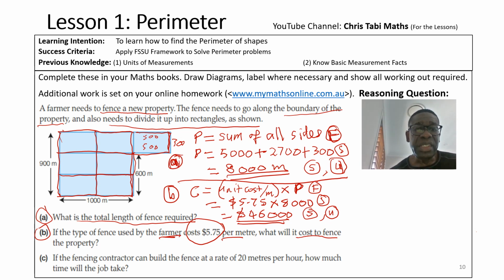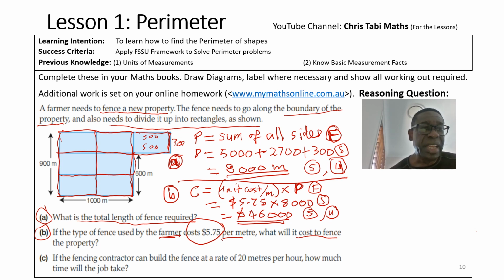And for question C, if the fencing contractor can build the fence at a rate of 20 meters per hour, how much time will it take?